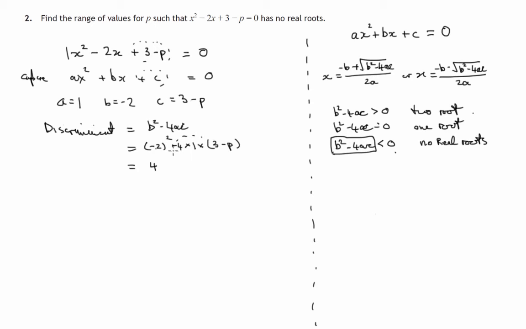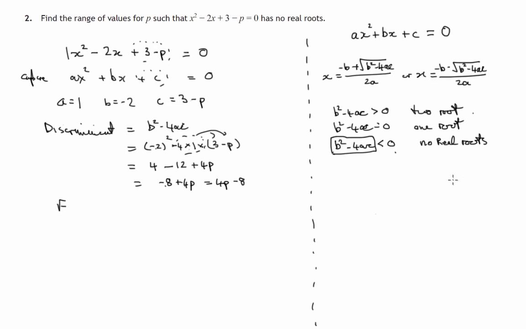This comes to minus 4 outside this bracket, so we can get rid of the brackets. Minus 4 times 3 is minus 12, and minus 4 times negative p is positive 4p. So we're ending up with negative 8 plus 4p. Or a normal way of writing that would be positive 4p and a negative 8. Positive 4p, negative 8. You couldn't write it the other way around. 4p minus 8. So that's the discriminant.